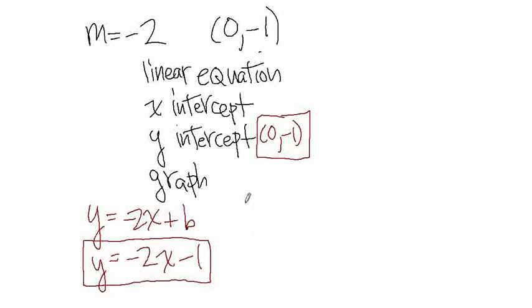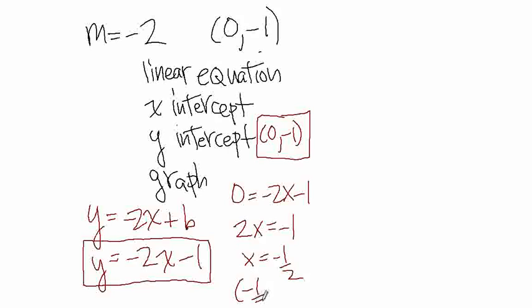And then to get the x-intercept, we set y equal to 0 in our linear equation and solve for x. So 0 equals minus 2x minus 1. So adding 2x to both sides, 2x equals minus 1, so x is minus 1/2.